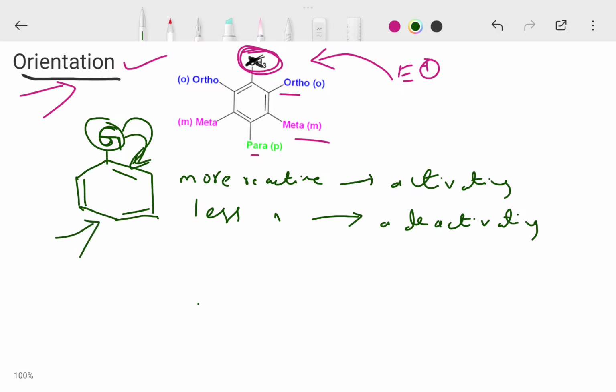These groups are called activating groups. These ring activating groups are ortho and para directing groups. Ortho and para directors.